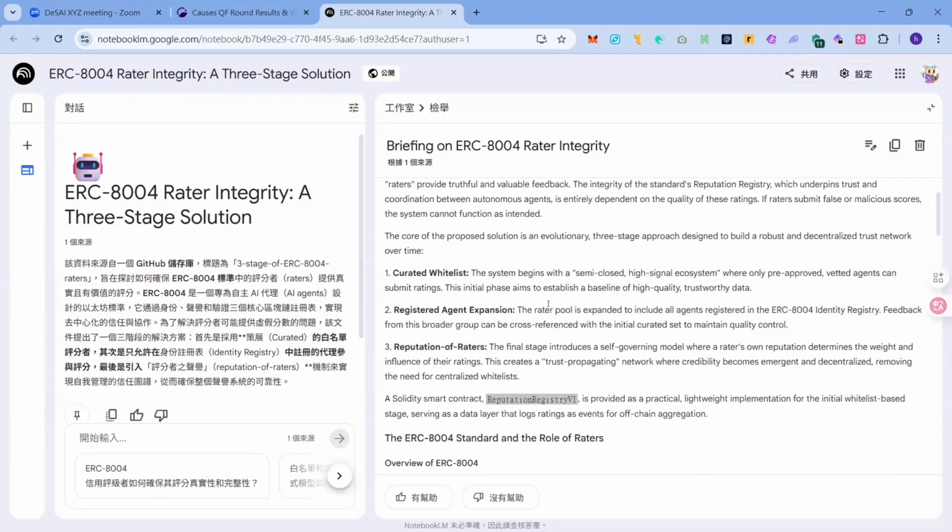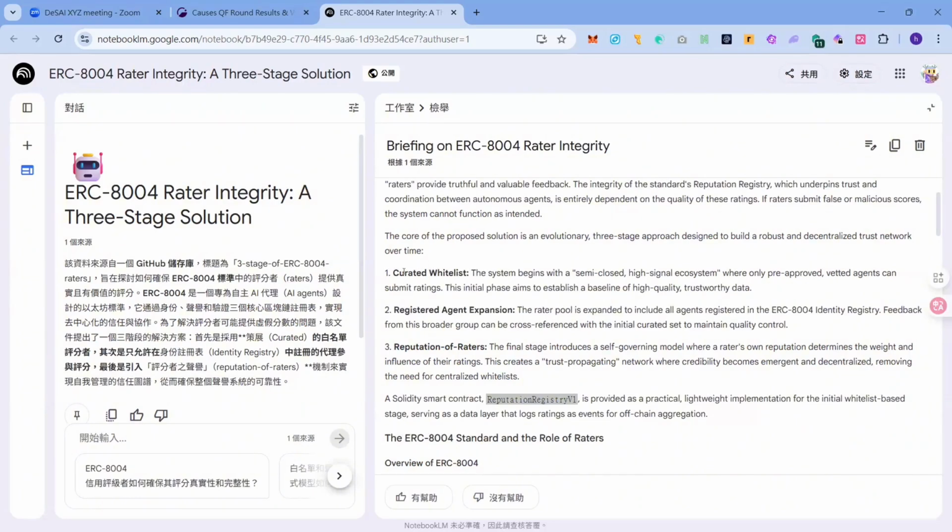So the whole idea is that I introduced 3 layers. The first one would be to create a whitelist, which means the system begins with a semi-closed and high-signal ecosystem, where we select a whitelist of humans or agents who can give scores according to the agent's performance. Once kicked off in the first stage, we will have a solid database.